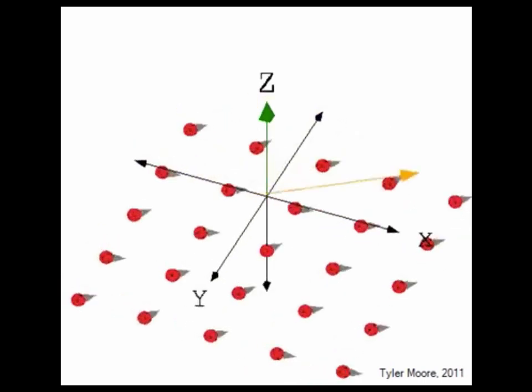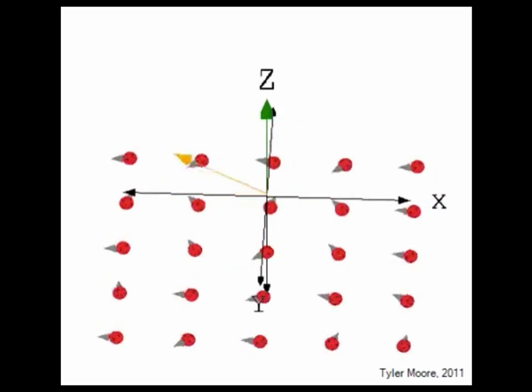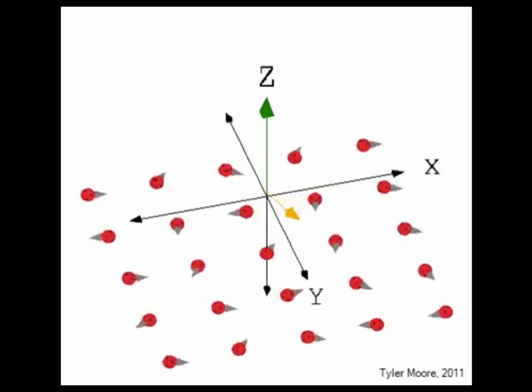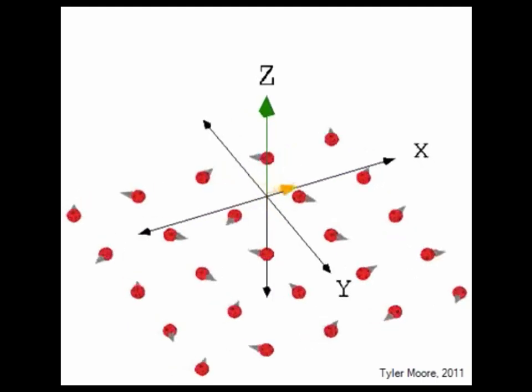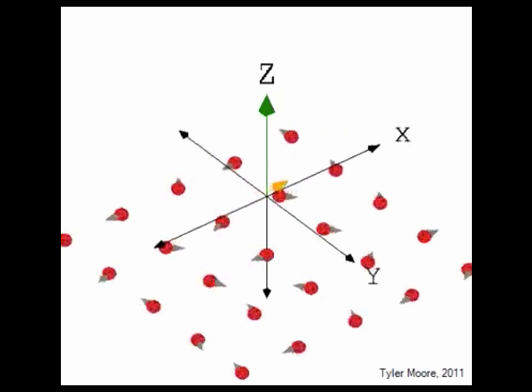So initially they start off all spinning together, but as time goes along, they all start doing slightly different things, and then the resultant gets smaller and smaller. Okay. So that yellow vector is the sum of all the red vectors. Right. And this particular property is what we call T2 of the tissue. This is its T2 relaxation time.